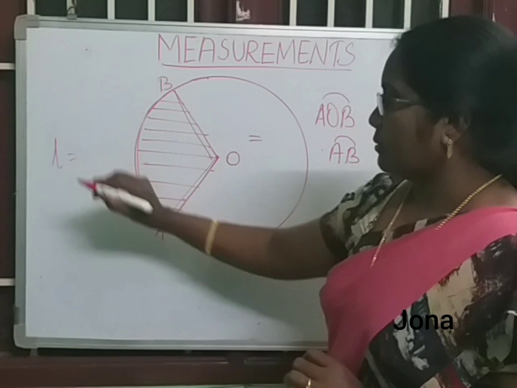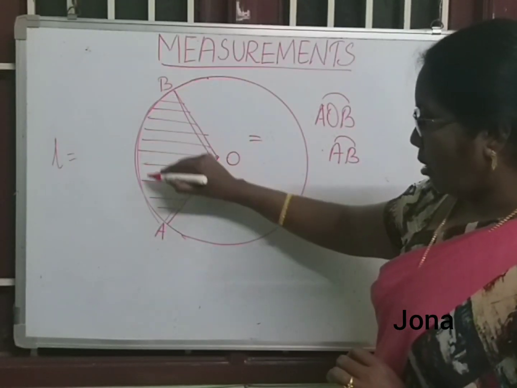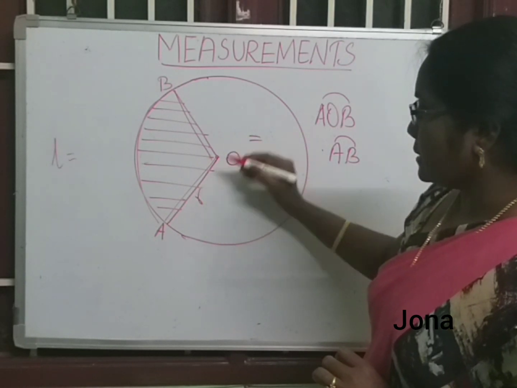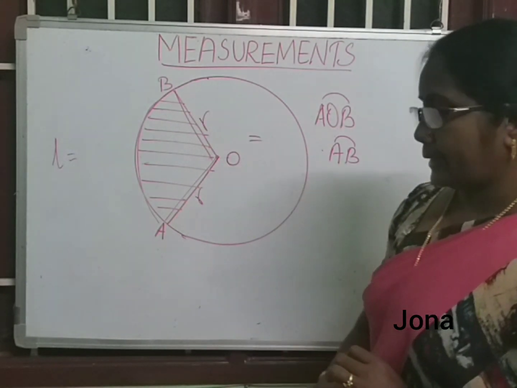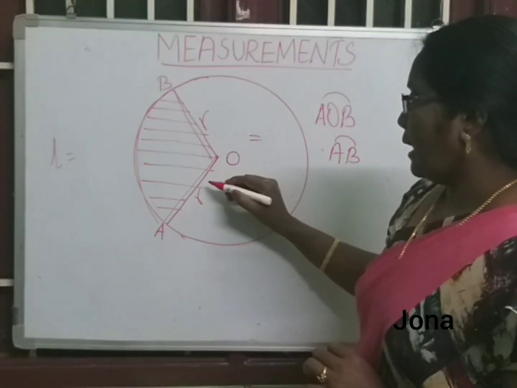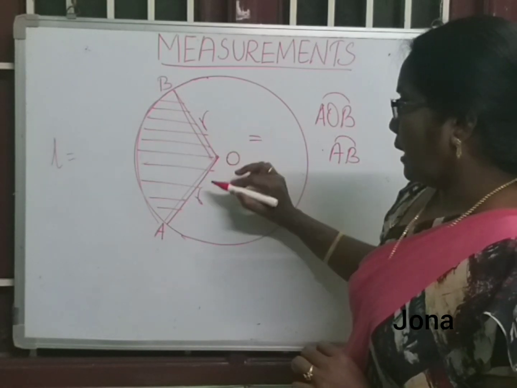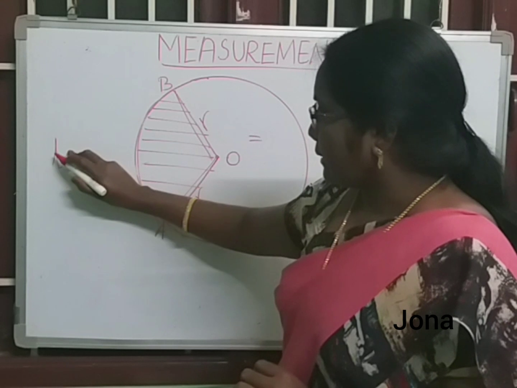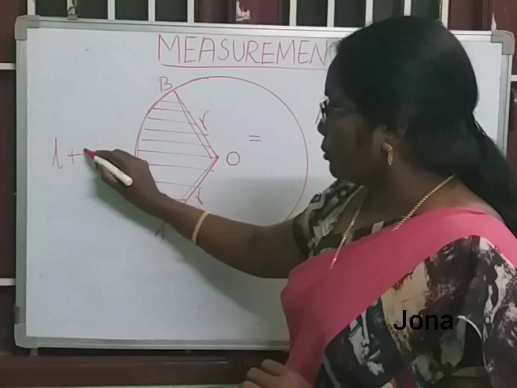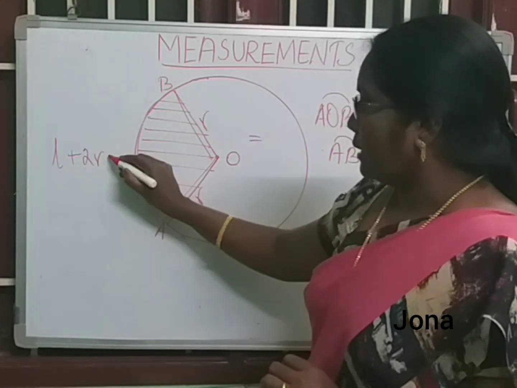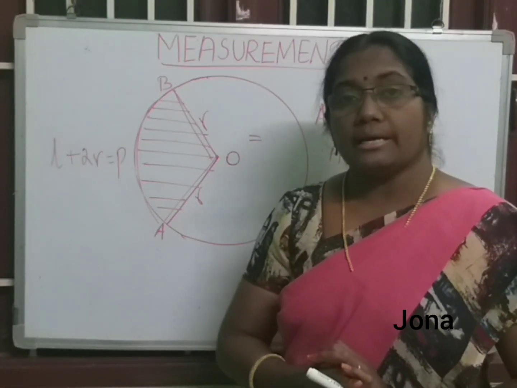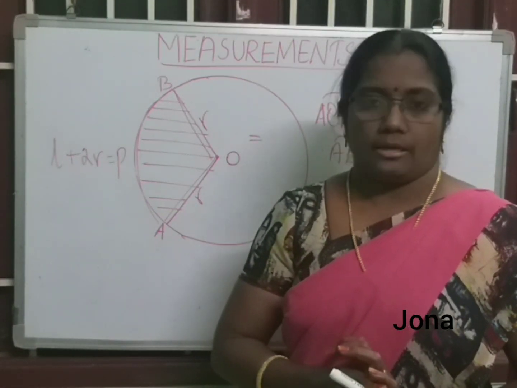So L is the arc, and this is radius R, and this is also radius R. So I can add L and 2R. If you add everything, this L plus 2R is the perimeter of the sector.